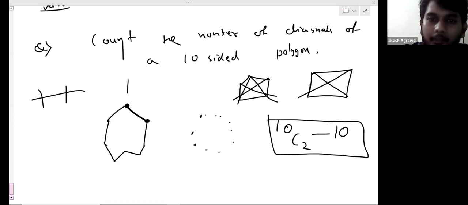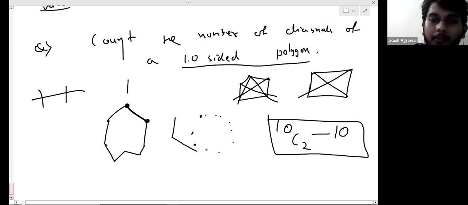You asked, count the number of diagonals. So when we join the lines, we'll get 5 diagonals, right? So can't we write 10C5 minus 10? No. We have said 10-sided polygon. That means it is a 10-sided polygon, with 10 sides, so the number of diagonals will be a lot more.